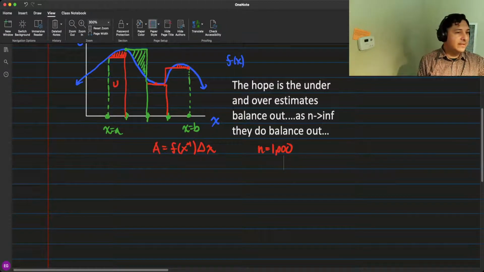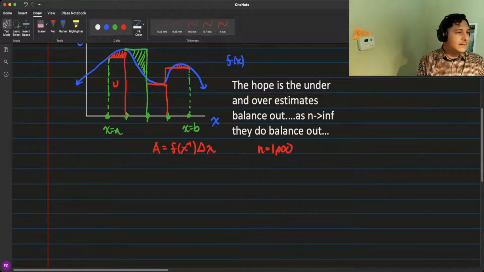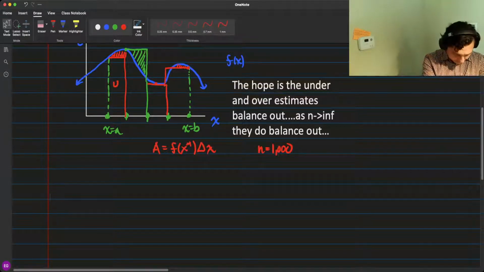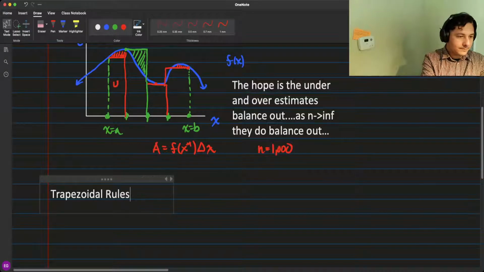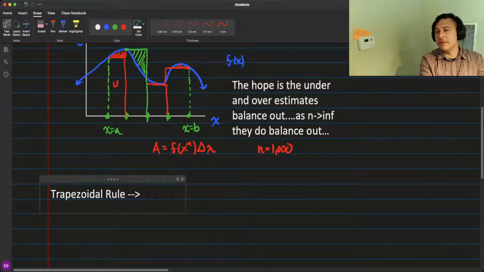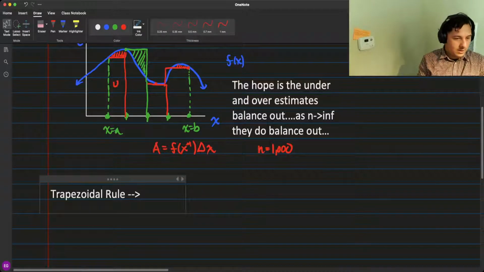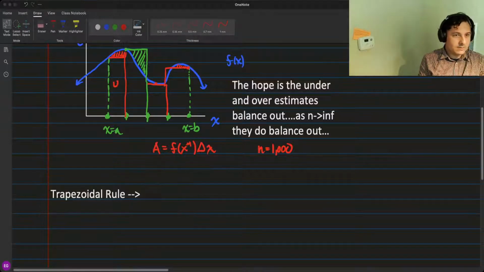Actually, the method we're going to talk about was invented probably about 200 years ago. It's called the trapezoidal rule. And there have been a lot of modern takes on it. There's one called, let me give you the name.